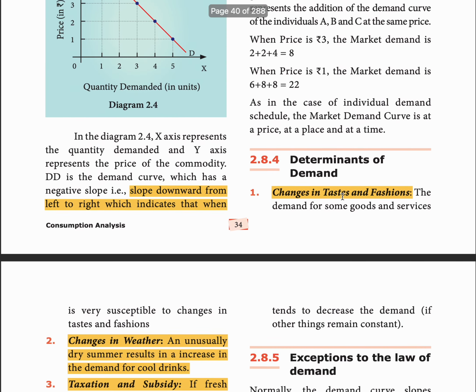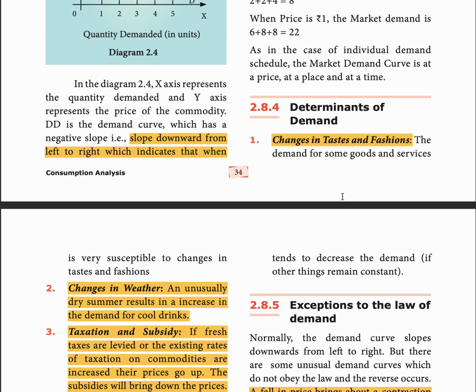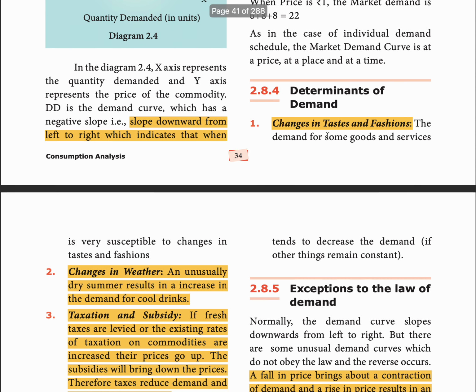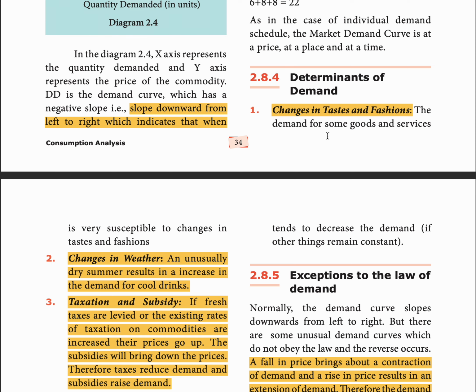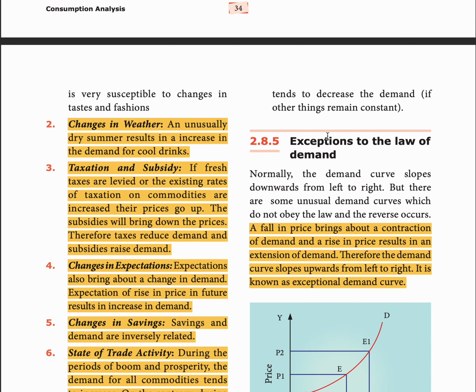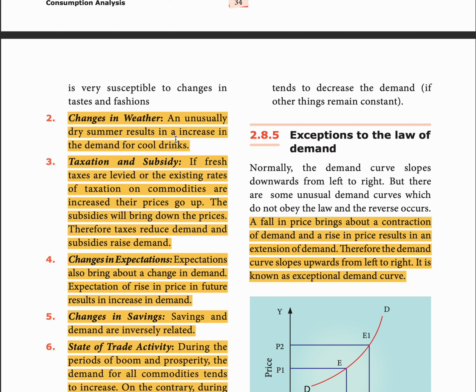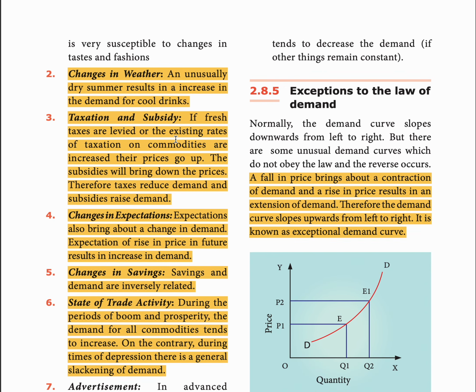Now, what are the determinants of demand? These are some of the things which can affect demand. First is change in taste and fashion. If the taste and fashion of people change, then demand will also change. Change in weather. We know that on winter days we demand more woolen clothes, right? Taxation and subsidy.